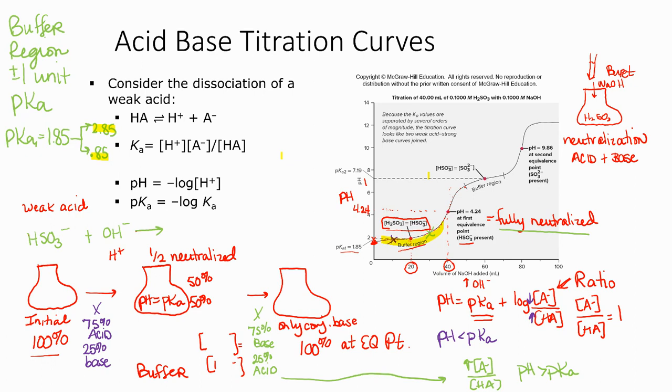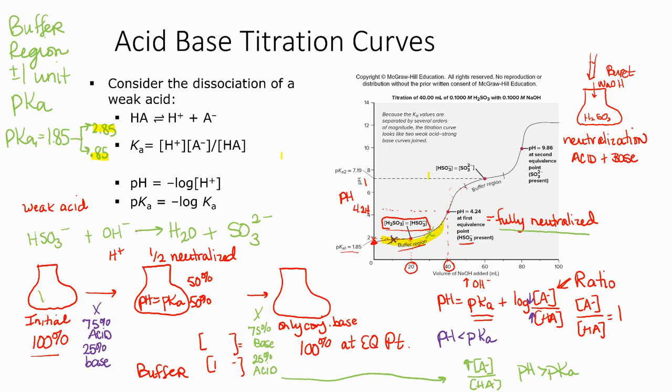I should have said this earlier, but H2SO3 is a weak acid. Please don't confuse it with phosphoric, which is H2SO4. So hopefully you weren't thinking, wow, why is this a strong acid? It's not, it's a weak acid. Okay, this will make water and sulfite ion, SO3 2 minus.